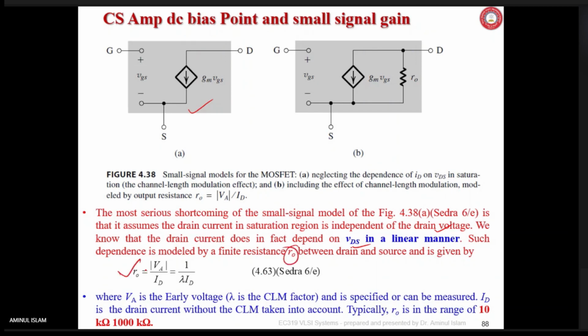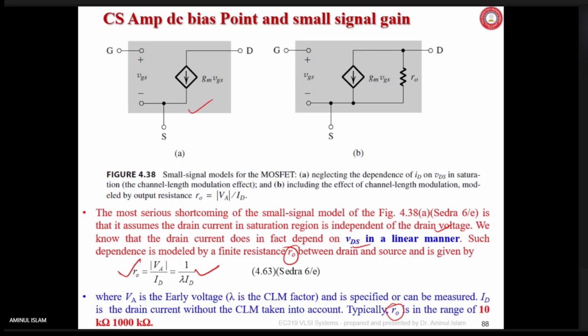RO is this, as we have also discussed, where VA is the early voltage, lambda is the CLM factor and is specified or can be measured. ID is the drain current without CLM taken into account. Typically RO is in the range of 10 kilo ohm to 1000 kilo ohm. So the value of RO is more or less known. It is the characteristic of the device.